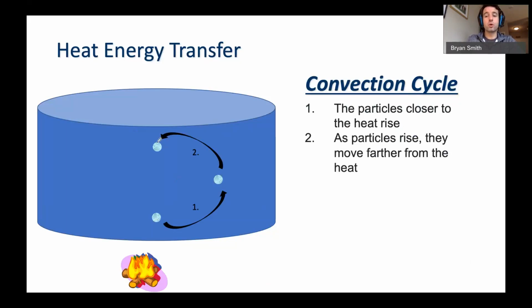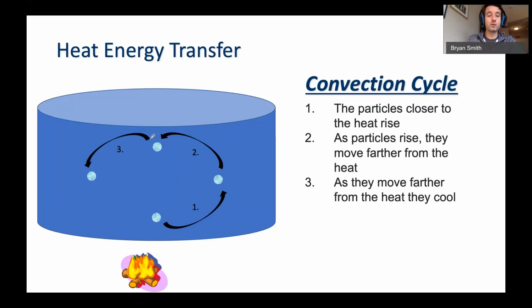Third step, of course, as it moves further away from the heat, it's going to then kind of cool down. So now it's dropping once again. And then the last step is, of course, now that it's cooling, a cool particle is going to sink. So with liquids and gases, when they get heated from one side, like a bottom, for example, they have this cyclical process of rising as they heat up and falling as they cool down.